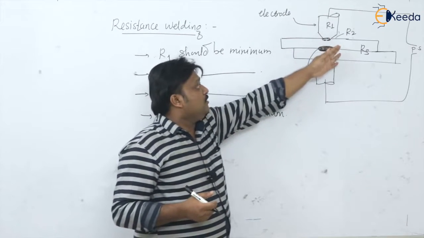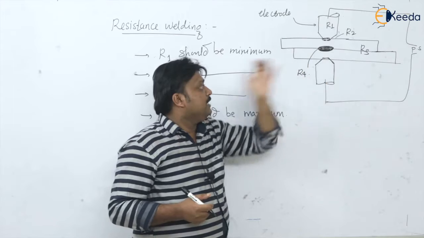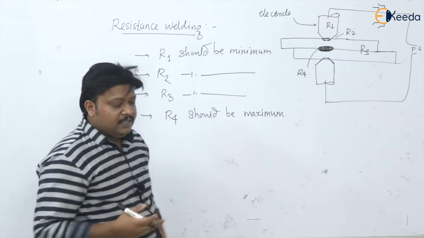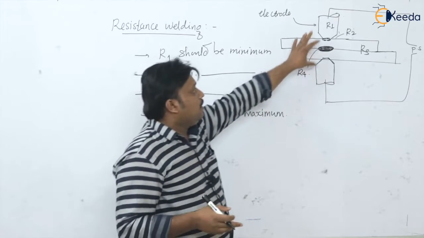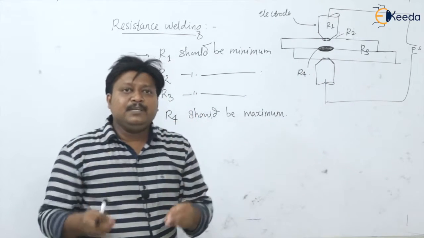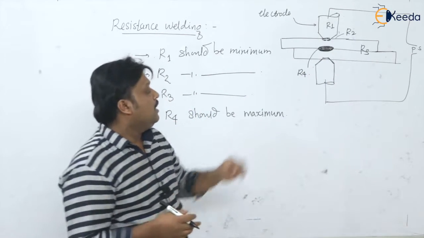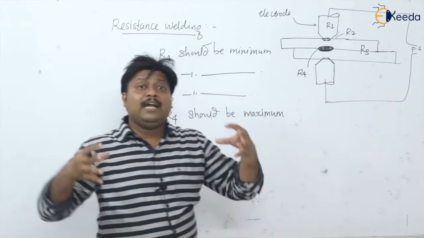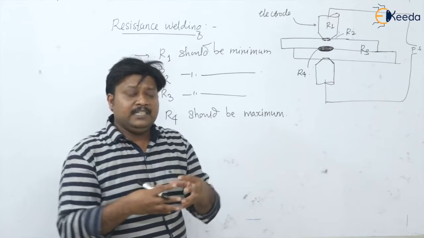Now, what are the things we can do to minimize R1, R2, and R3? See, R1, definitely we are keeping this resistance minimum, and this electrode is also going to apply the force, isn't it?